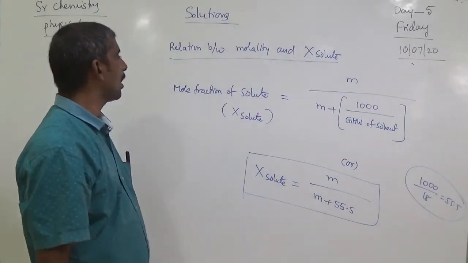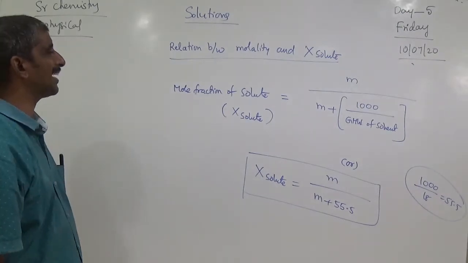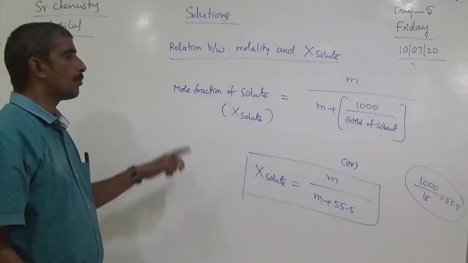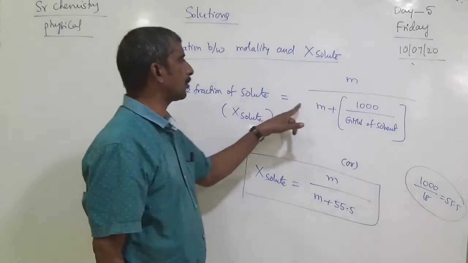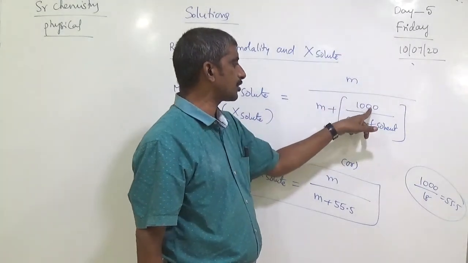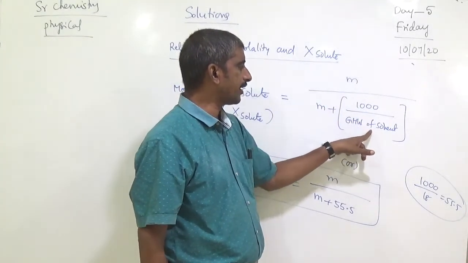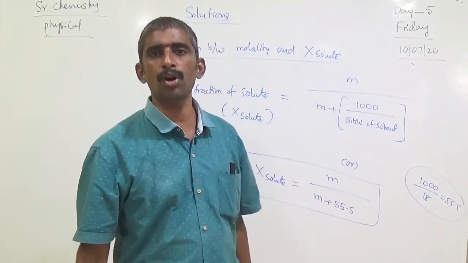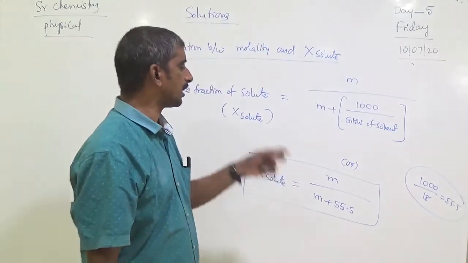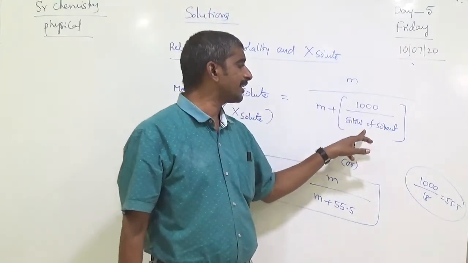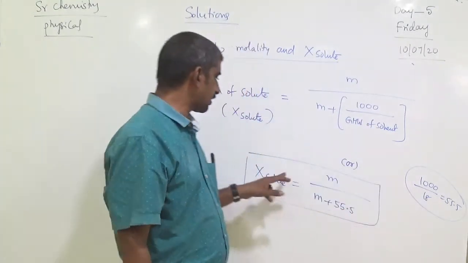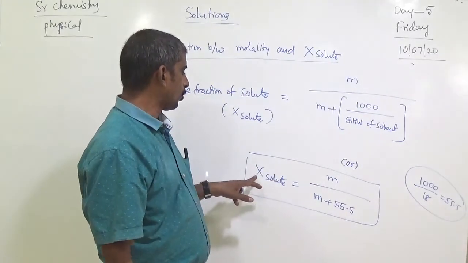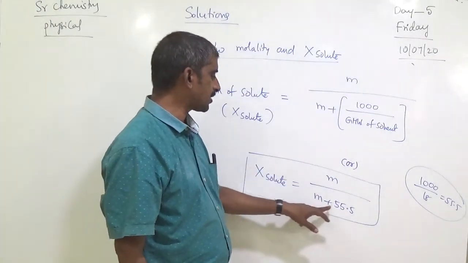So this is the relation between molarity and mole fraction of solute. X of solute equals m by m plus 1000 by gram molecular weight of solvent. Here the solvent is considered as water, whose molecular weight is 18. So 1000 by 18 means 55.5, and mole fraction of solute equals m by m plus 55.5.